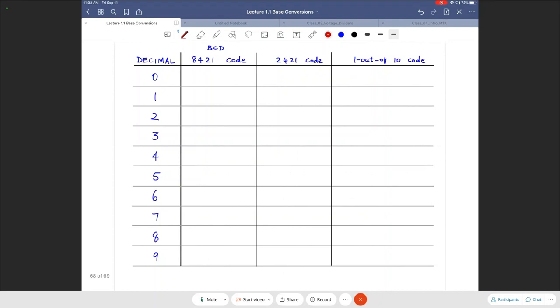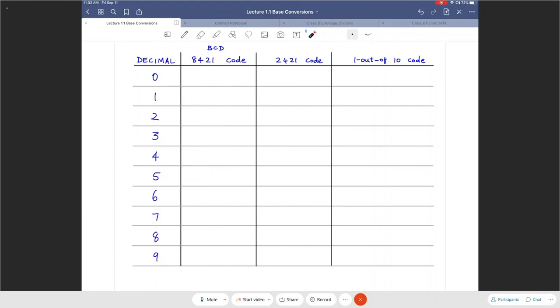We will just fill out this table. All the way to the left, you have the 10 symbols that we use in decimal representation, 0 through 9. Binary coded decimal is the 8421 weighted code, so each position is weighted 8, 4, 2, and 1.